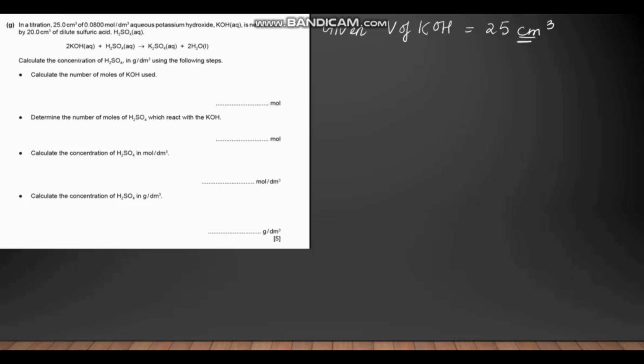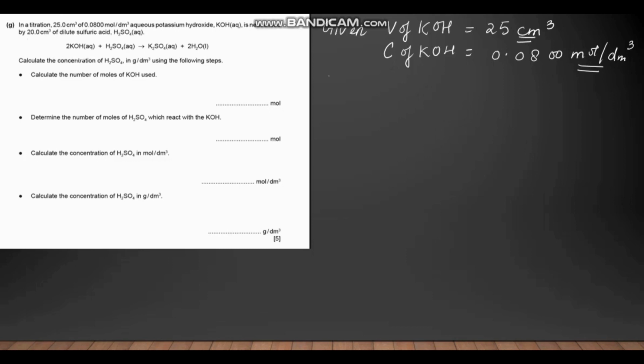Centimeter cube or decimeter cube defines the unit of volume. Apart from that, I have the concentration of KOH, which is given as 0.0800 moles per decimeter cube. Again, we can always use the unit. Moles per decimeter cube refers to the unit of concentration.